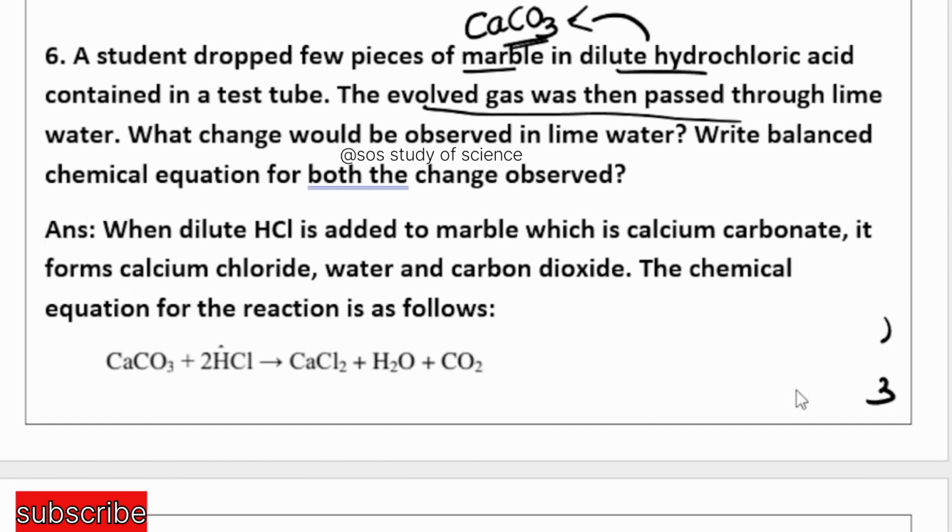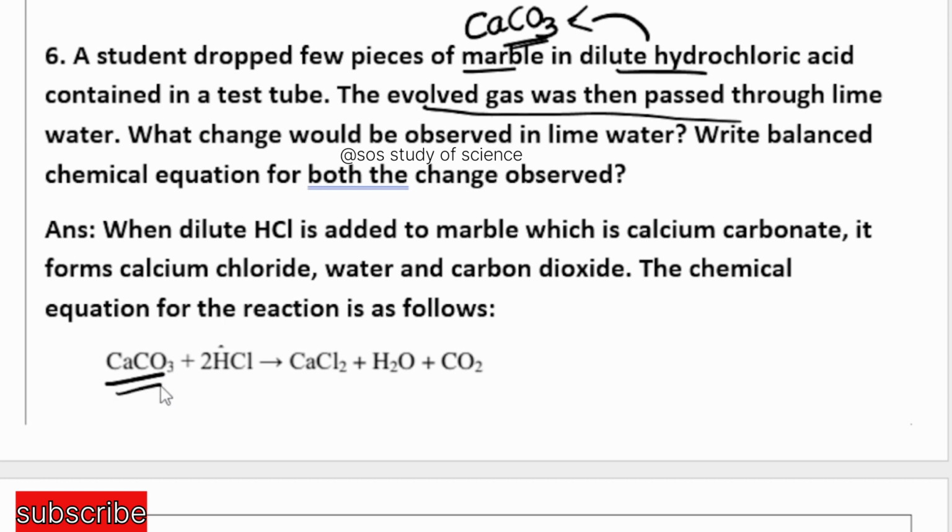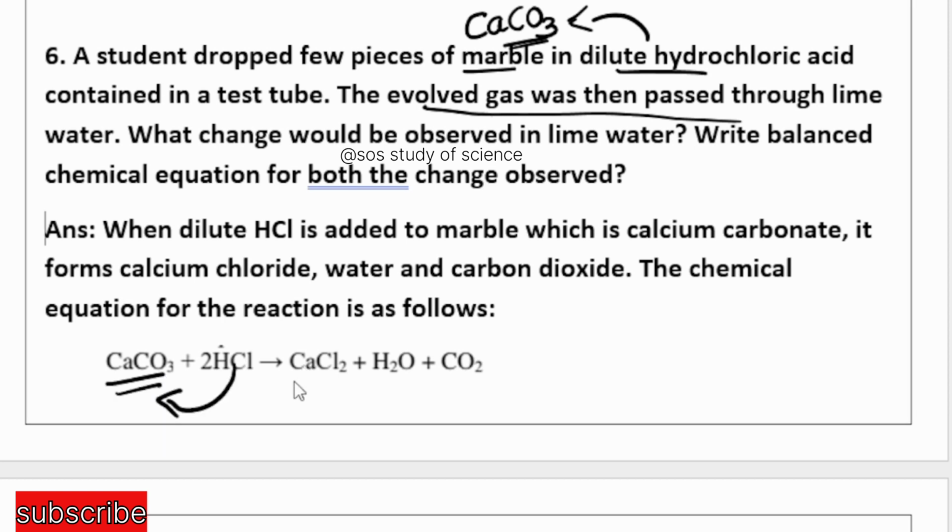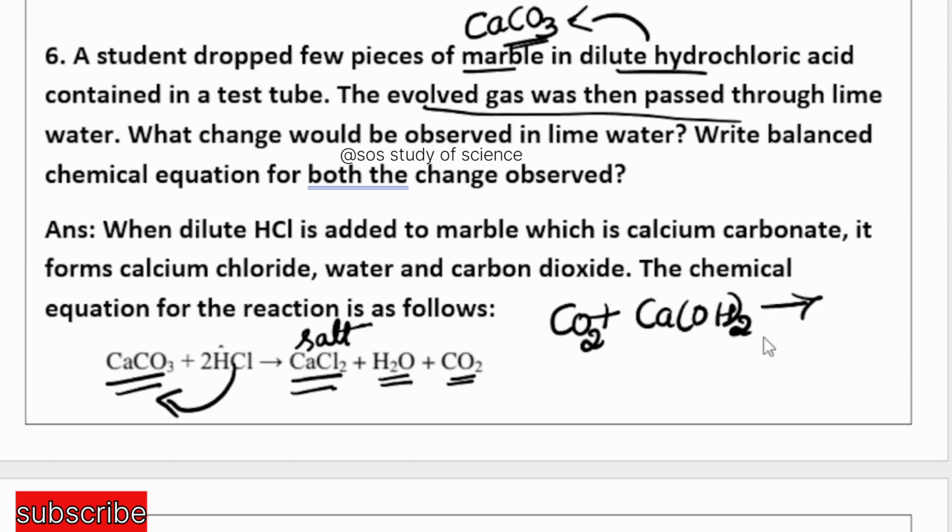Okay. So, what are we doing here? Firstly, according to the question, we have taken marble and added the acid to this. What did we get? We got calcium chloride, water and carbon dioxide gas. This is a salt. So, when this carbon dioxide is passed to lime water, that is calcium hydroxide, what do we get?